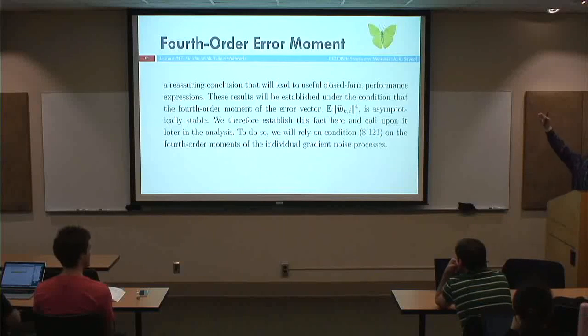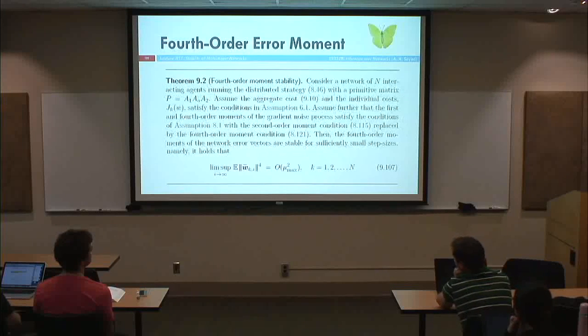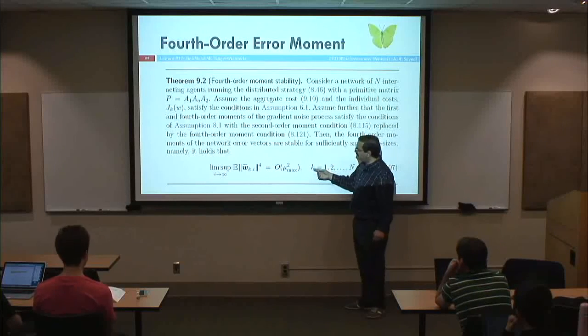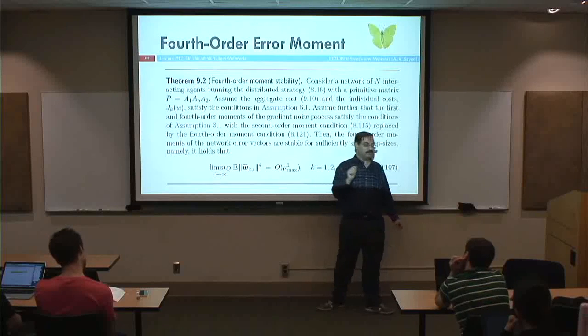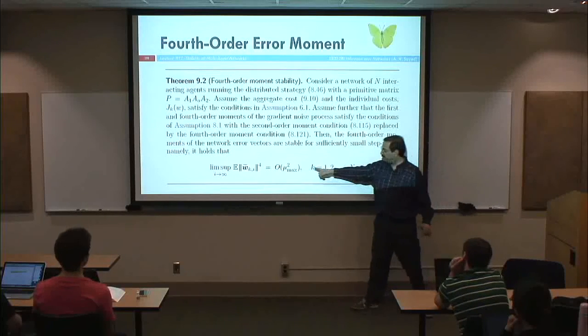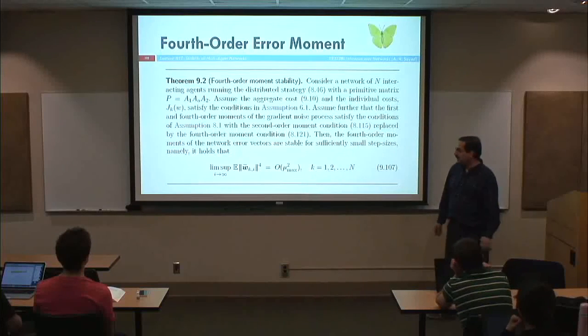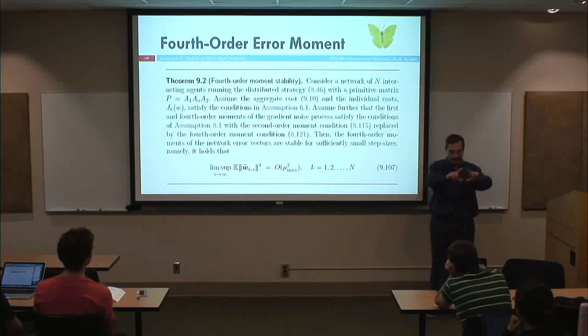So the arguments are very similar in nature. Given what I did here, you can follow it on your own. I'm not going to go through that argument in detail, but it is in the notes. This is what we want to show now: that the algorithm is stable from the fourth order moment perspective, that the fourth order moment converges to this region. How would you do it? You would write down the error recursion, you would transform it.